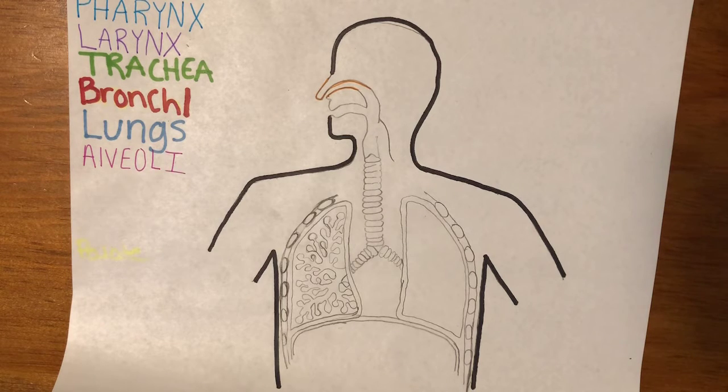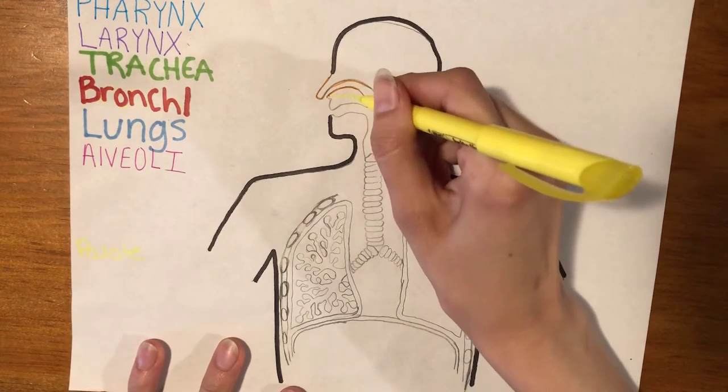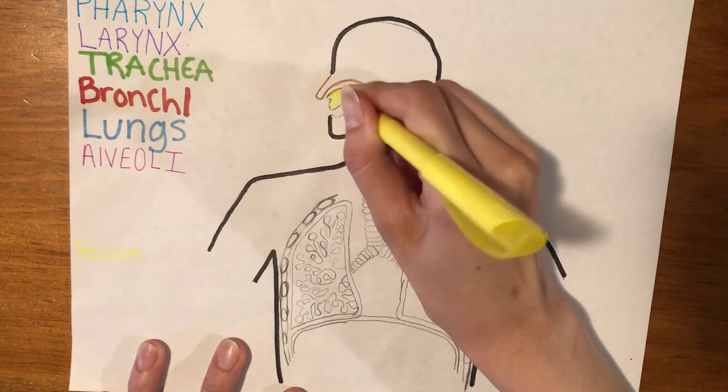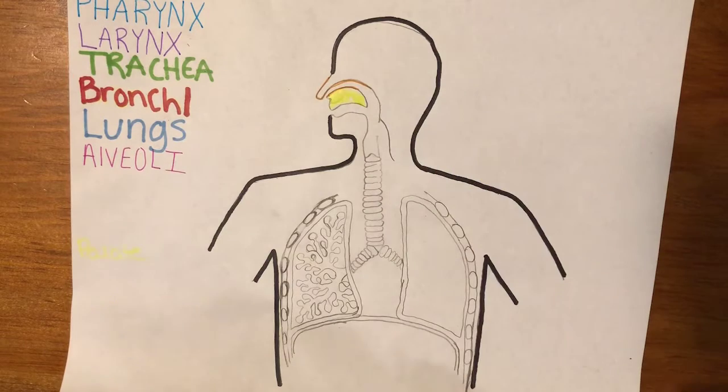The nasal cavity is separated from the oral cavity by the palate, which is right here. The part of the palate that is supported by bone is the hard palate, and where it is unsupported is the soft palate.